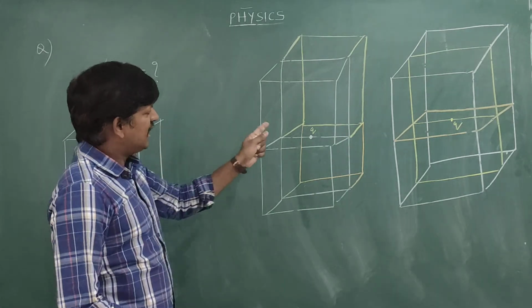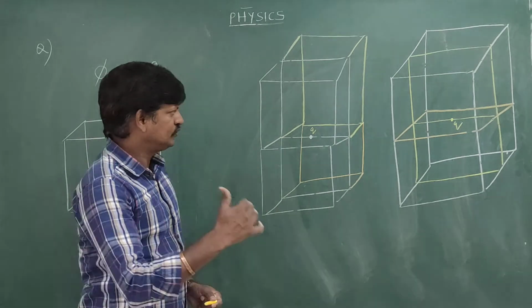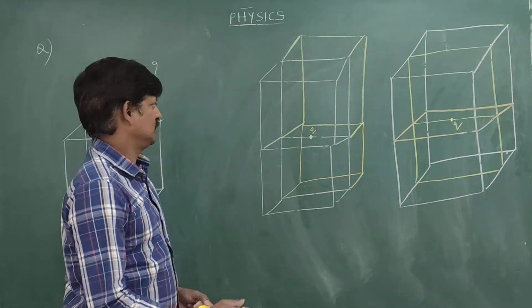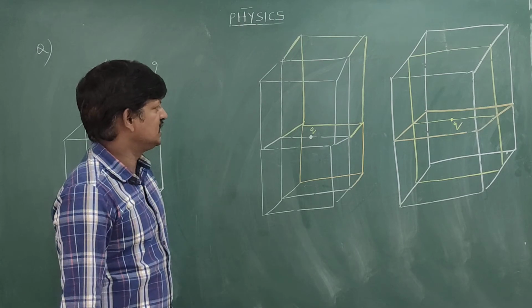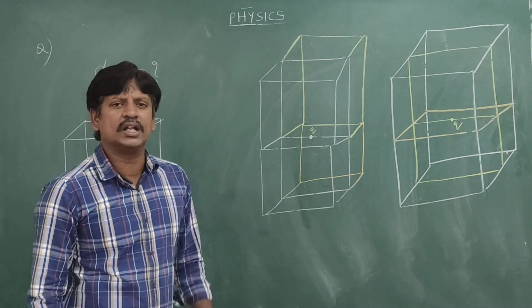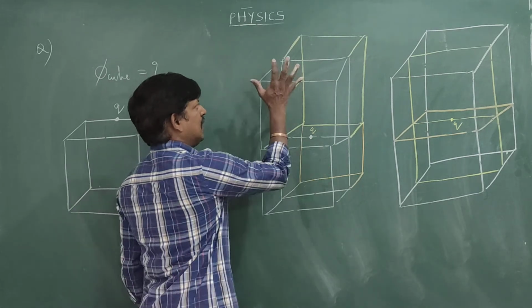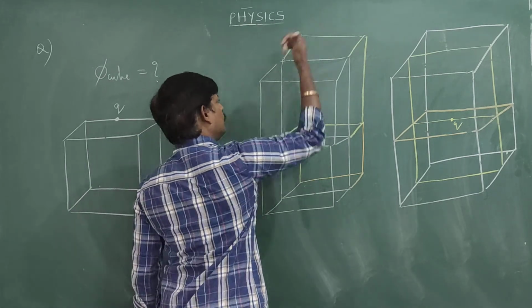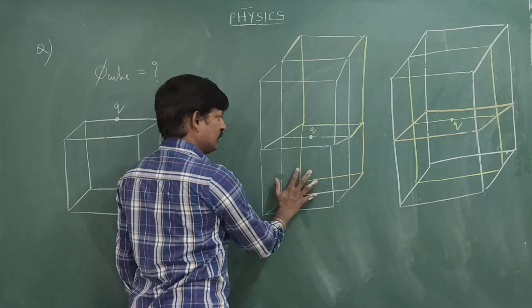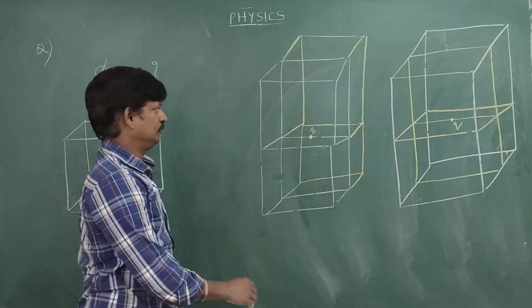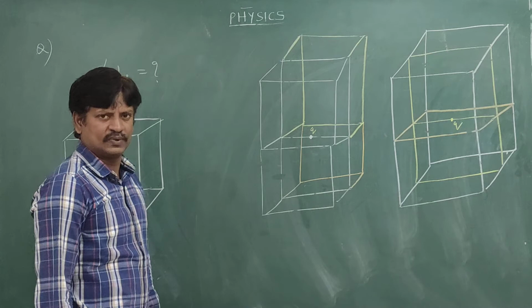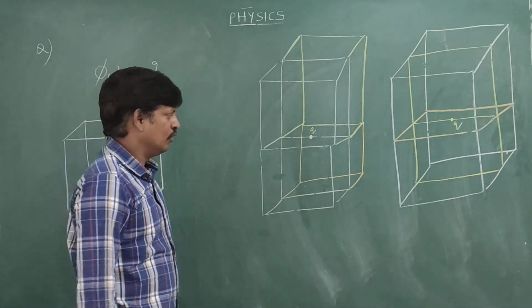So, I can imagine another 3 Qs such that the charge is exactly inside the 4 cubes. So this is the actual cube. We are imagining here behind that one more cube. Is that clear? Total how many cubes are there? 4 cubes.